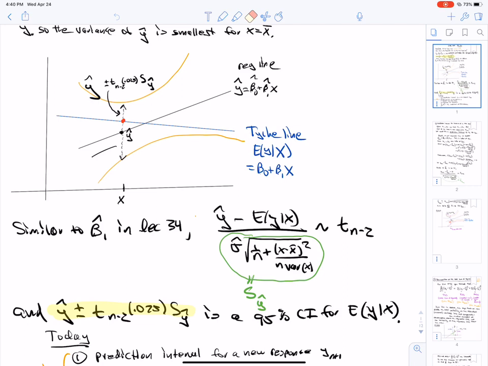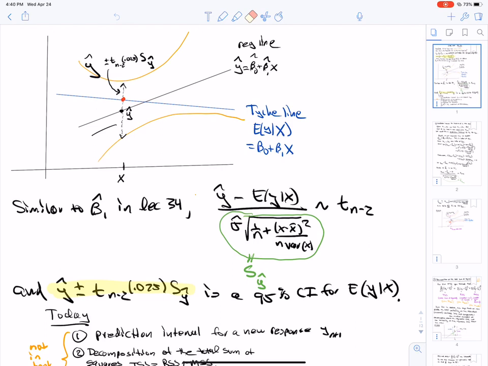The proof is pretty much exactly the same, and y hat plus or minus t n minus 2, 0.025 times the standard error is a 95% CI for the Tyche line.